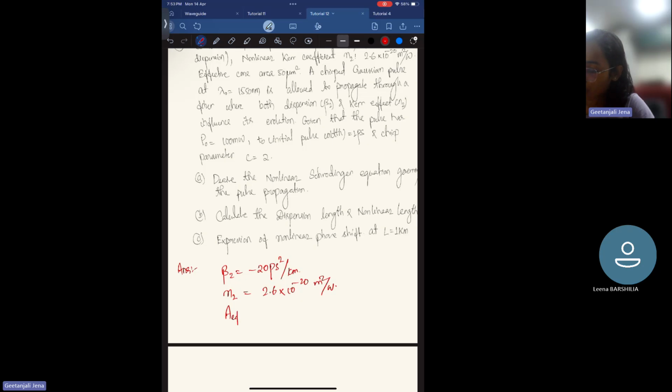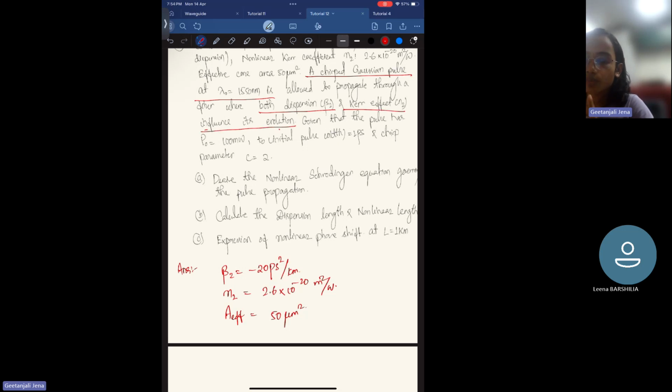Effective core area is 50 micrometer square. Now consider a chirped Gaussian pulse at lambda 1550 nanometer propagating through a fiber where both dispersion as well as the Kerr effect influence its evolution.